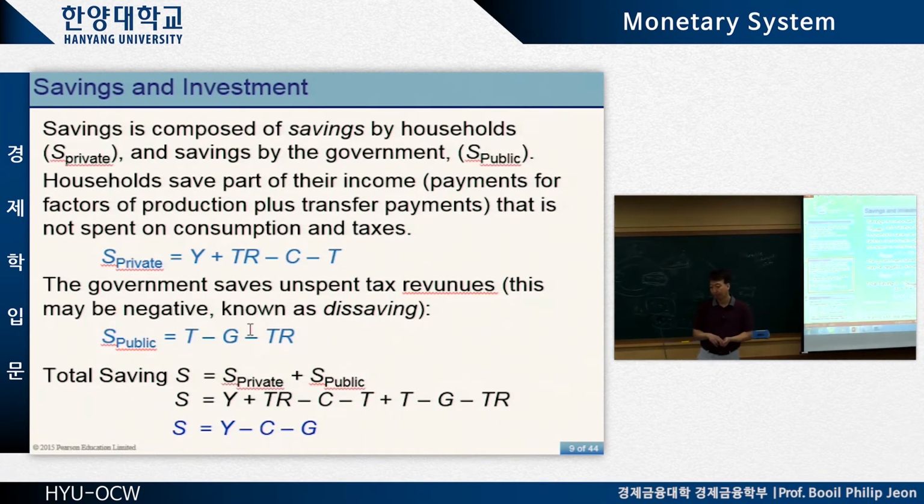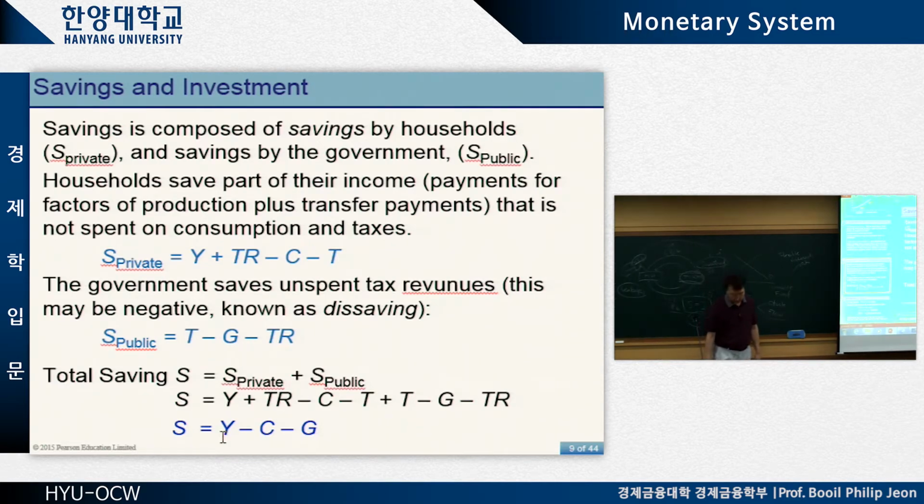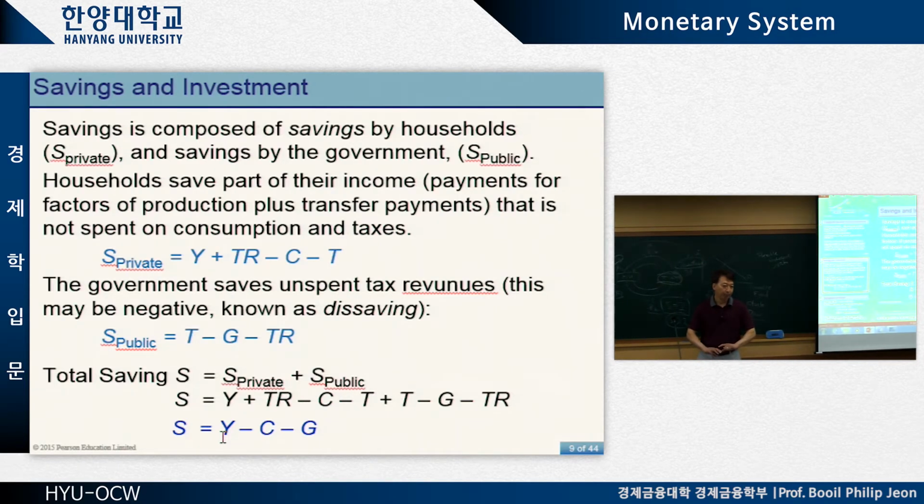Okay? So the total saving, if you add private saving to the public saving, we come up with Y minus C minus G, which is kind of an obvious expression, right? Because after all, the total income created in the economy comes from resources, right?